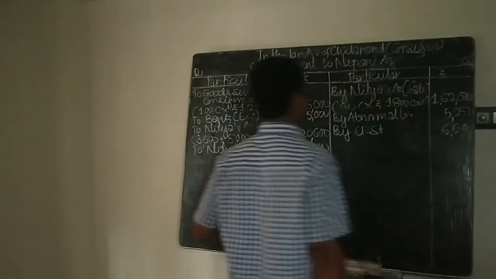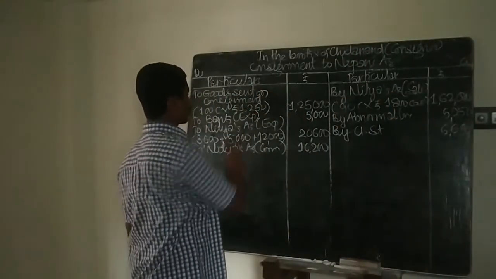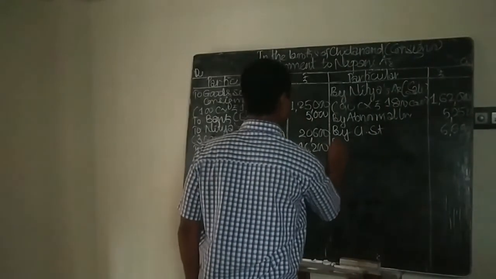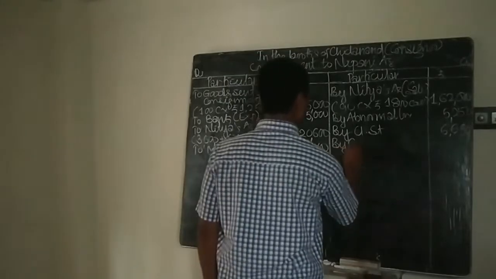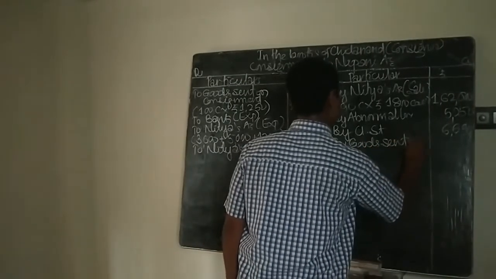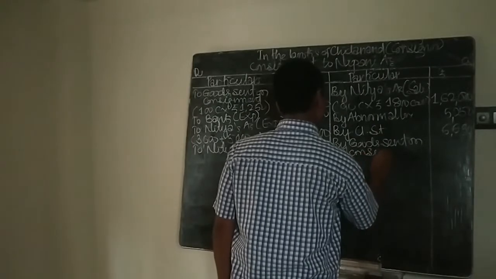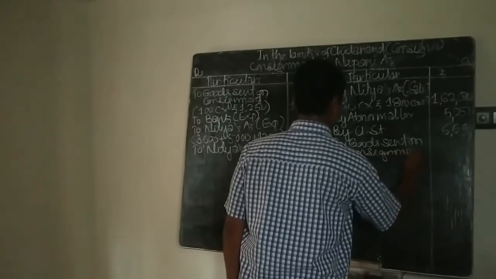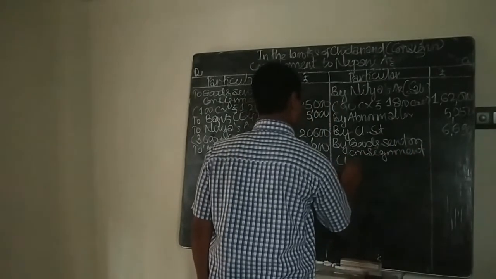6,690 rupees. Then we should remove the loading which is in the goods sent on consignment. The entry will be consignment account credited by goods sent on consignment. In the bracket you write loading.